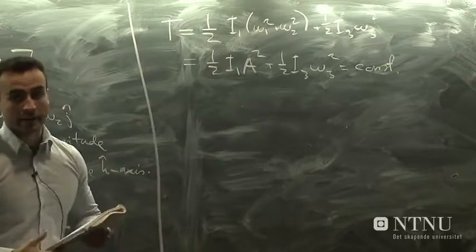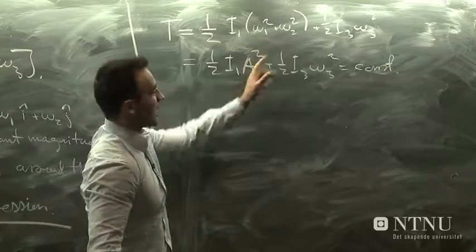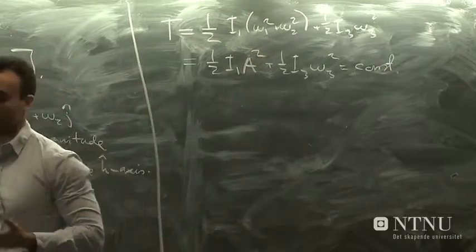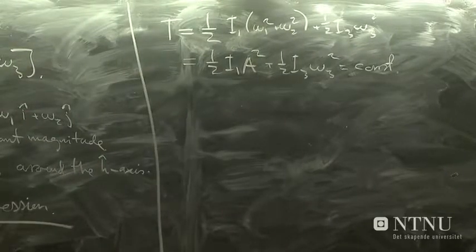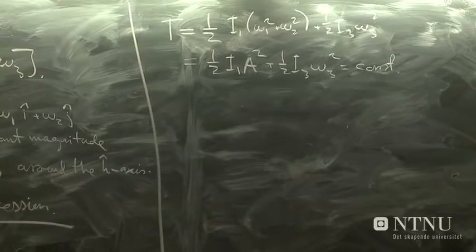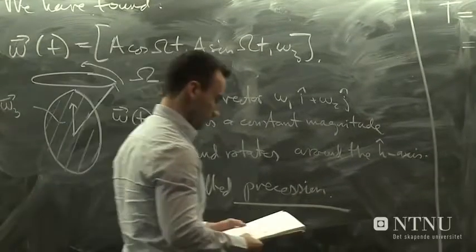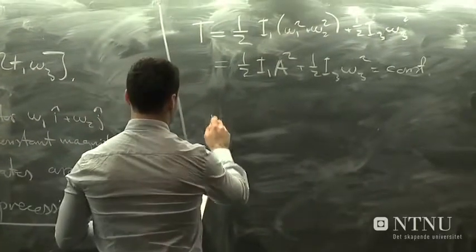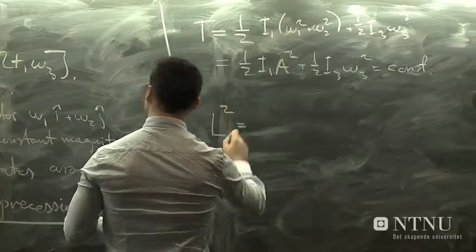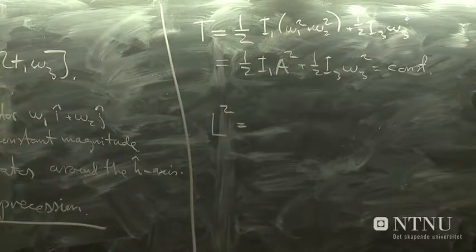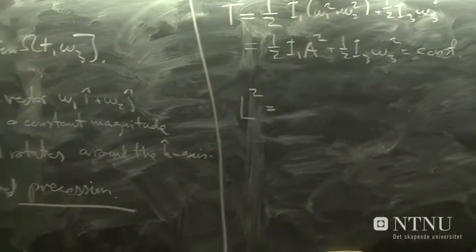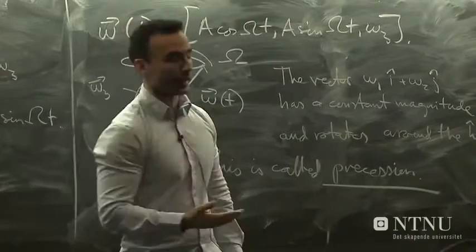And it turns out that it is, because this is just a squared, since cosine squared plus sine squared is 1. So the kinetic energy is indeed conserved. And in the same way, we can write down an expression for L, or L squared.